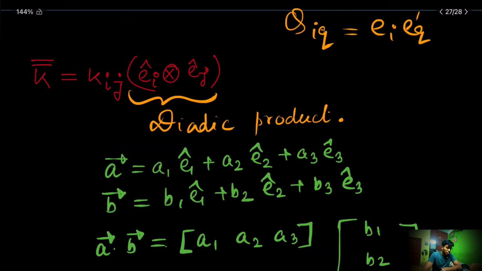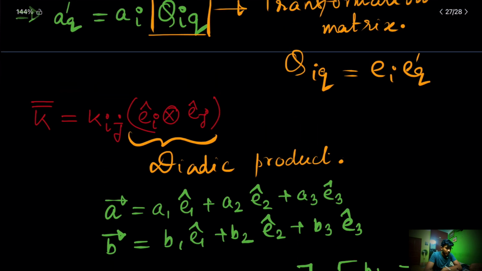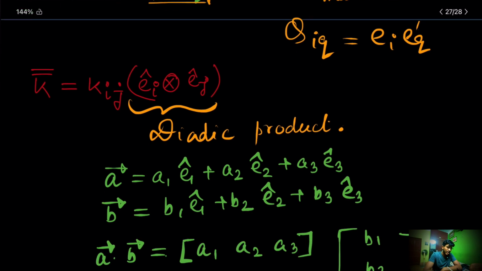So for a vector we need three components of a basis vector to represent it. Similarly here Ei and Ej are the unit vectors, okay. So here I need 9 positions.